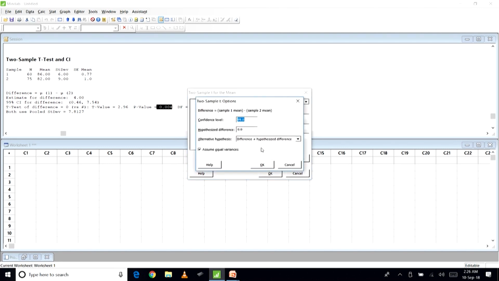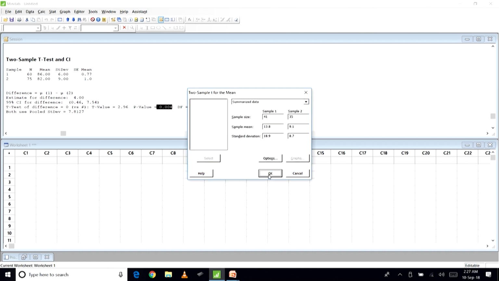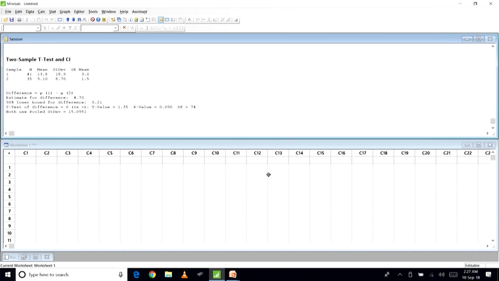In options, we have to test at 0.10, it means 90 percent confidence. It is 0.10, it is not 0.01. So, the alternative hypothesis is greater than type. So, it is an upper tail test, and okay again. Let us look at the p value.